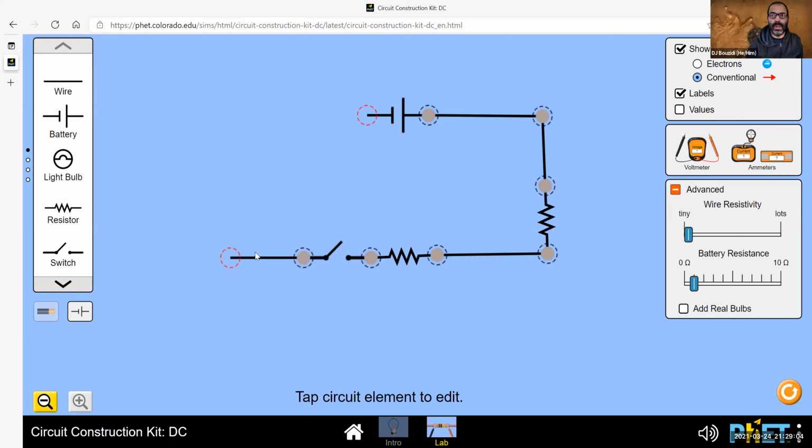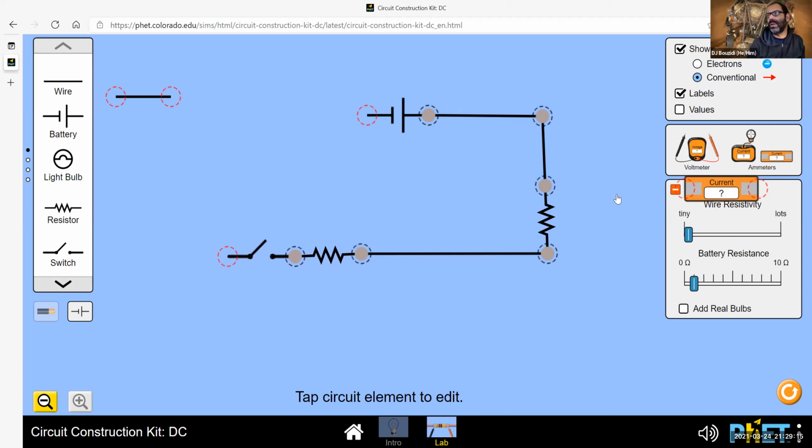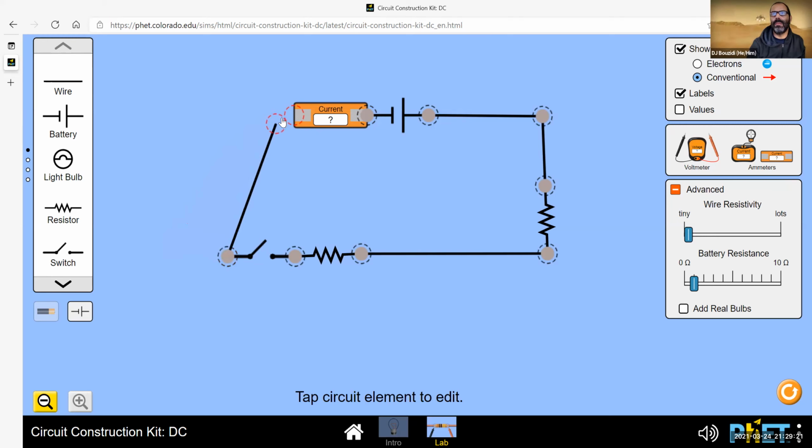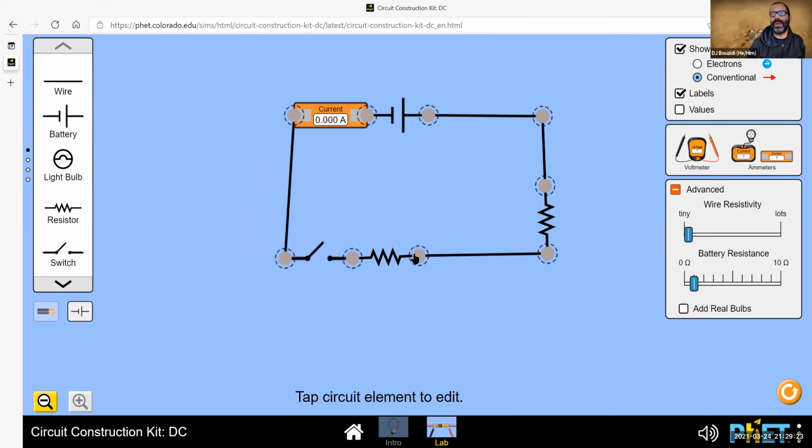Control Z. Okay, we don't do Control Z, so let's cut it in here. Let me remove this for right now. Let me move this one in here because I need something in here. I need an ammeter actually in here. Let's grab an ammeter in here, okay? Now we can drag this and move it nicely, okay?